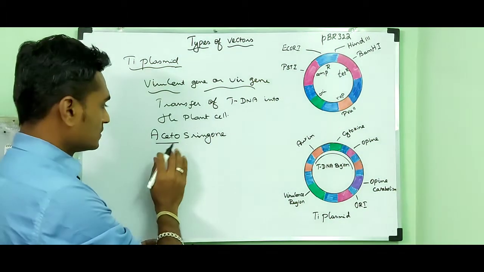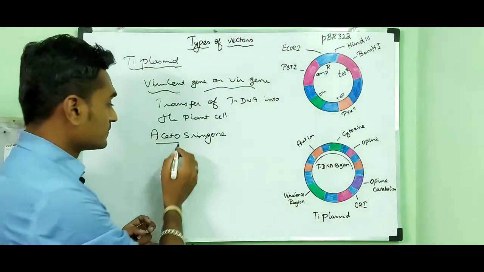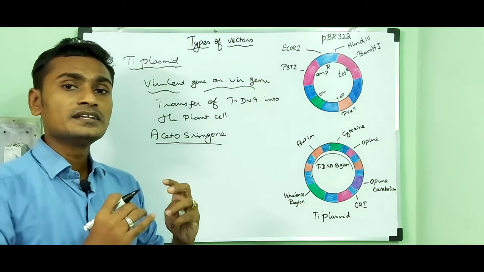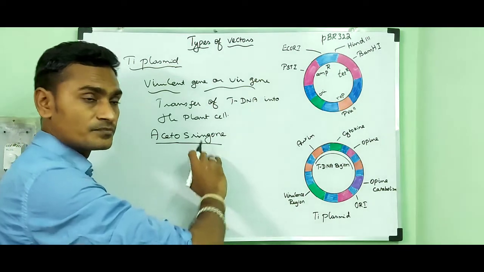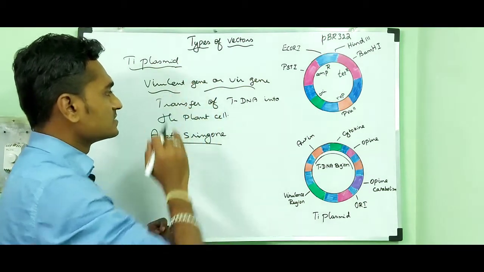I am not sure about the spelling, so please check whether it is right or wrong. That injured plant releases the phenolic compound acetosyringone, which activates the virulent gene.